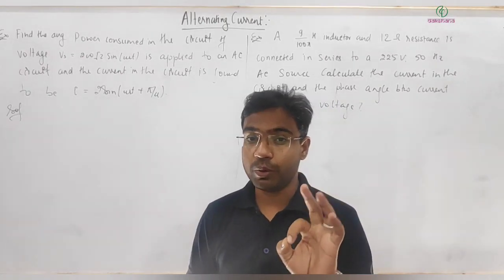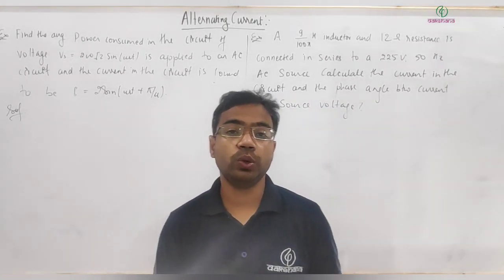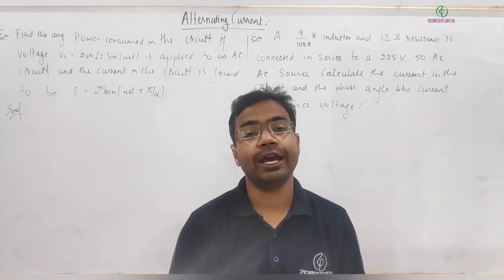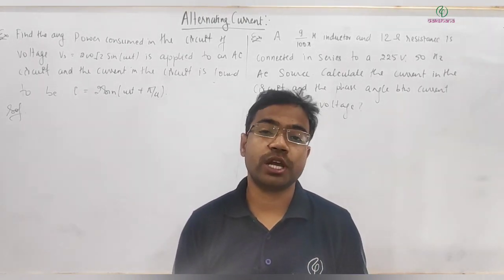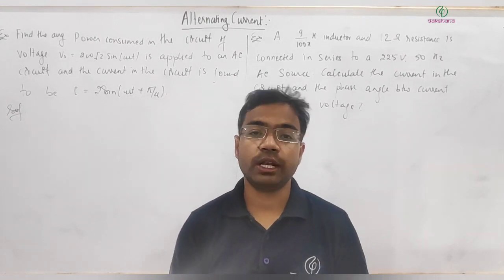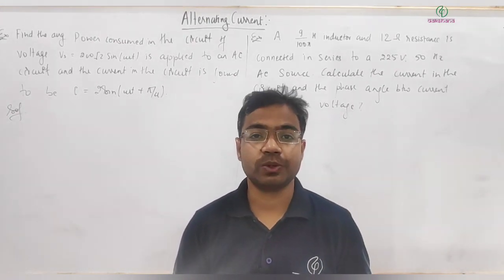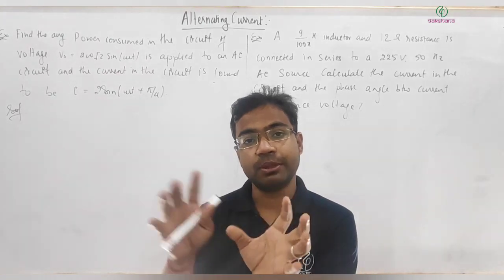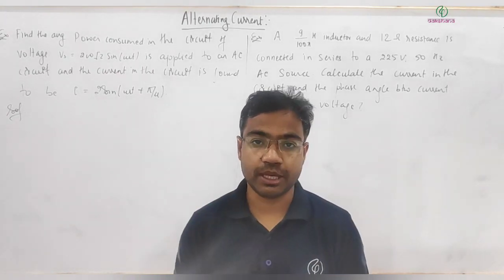Remember one more thing. If V or I is given as I naught sine of omega t plus phi, in this situation I naught is the peak current and I is the instantaneous current.